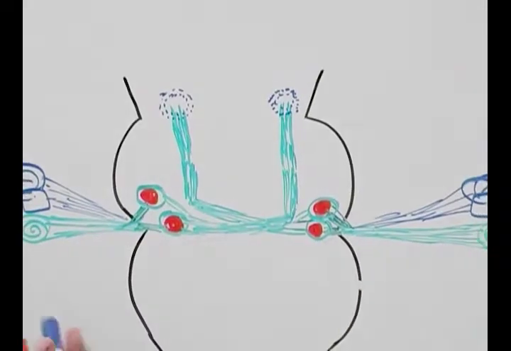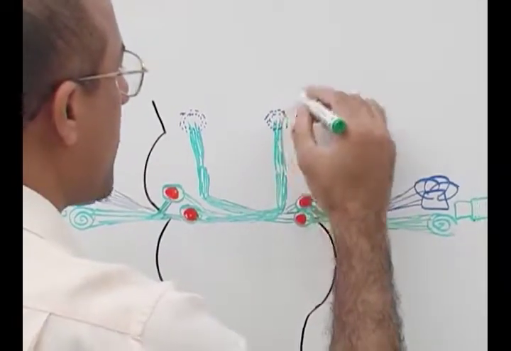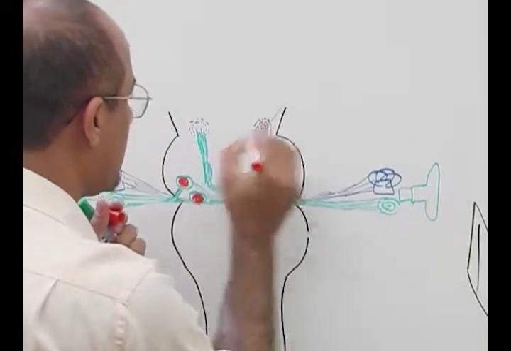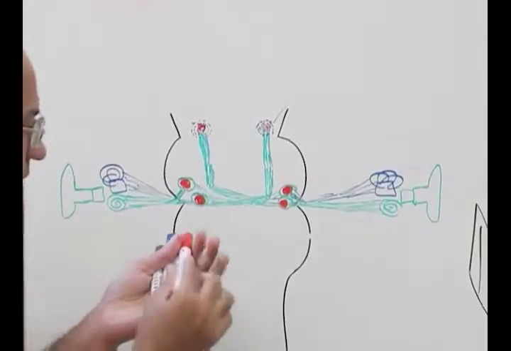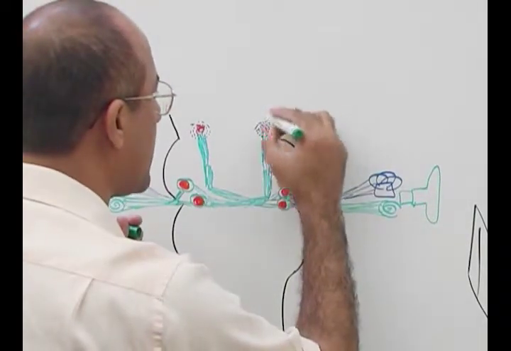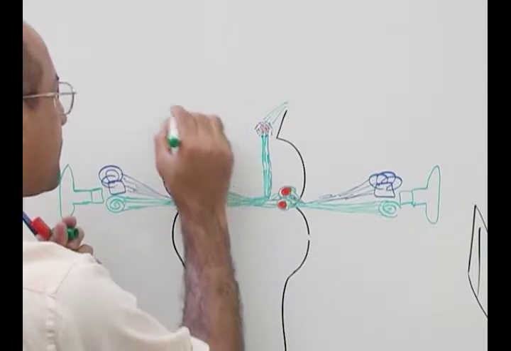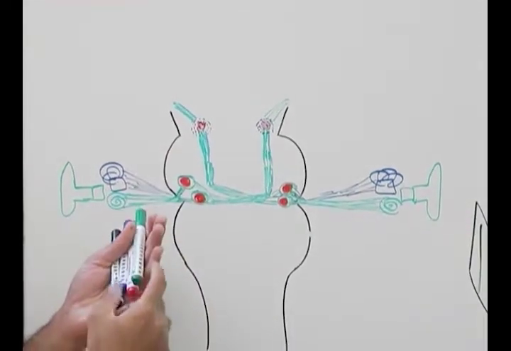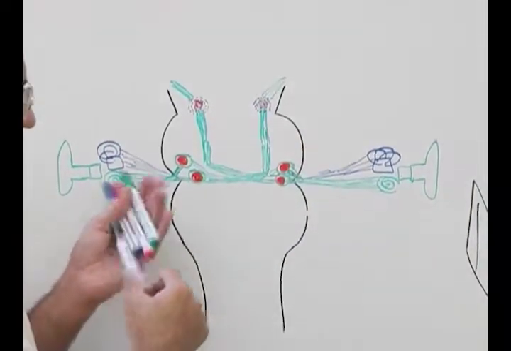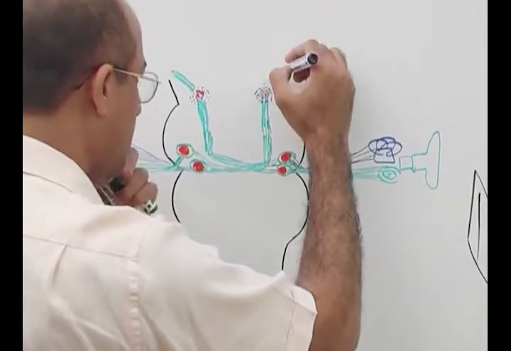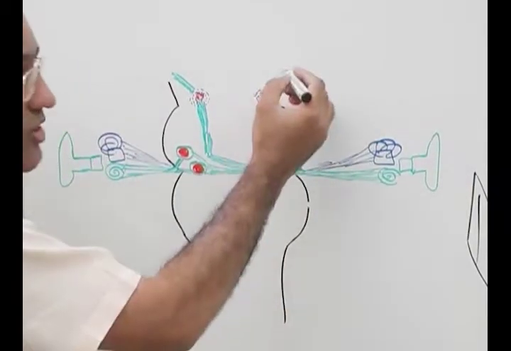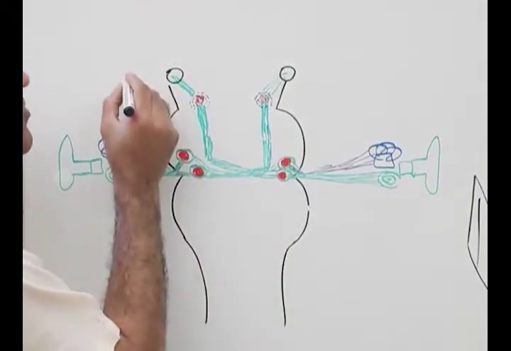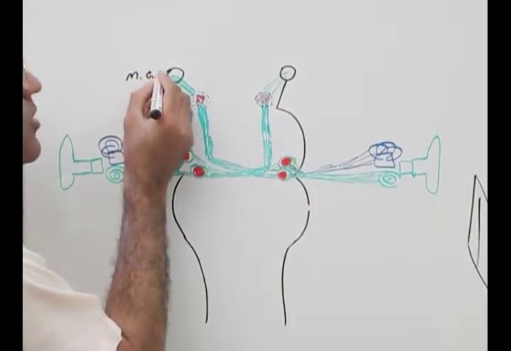And of course, this is the nucleus of the inferior colliculus. From there, these fibers go upward towards the next order neurons, near the thalamus. The thalamus is here, and on the side of the thalamus there is a special structure which is called the medial geniculate body.